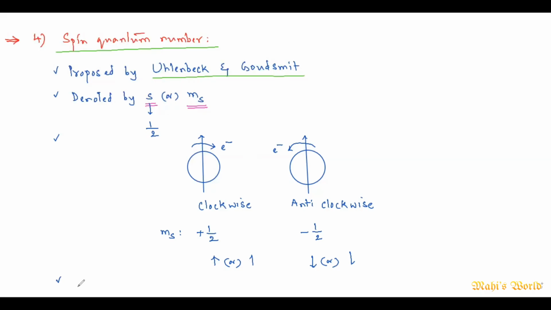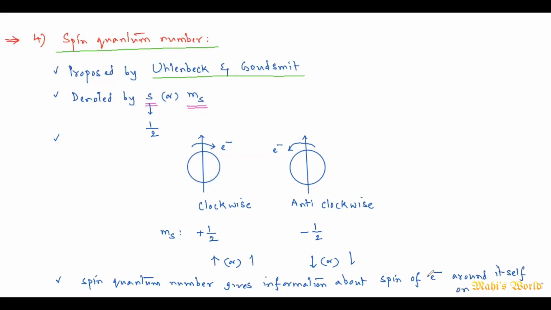Let me tell you that the spin quantum number gives information about the spin of the electron around itself on its axis.